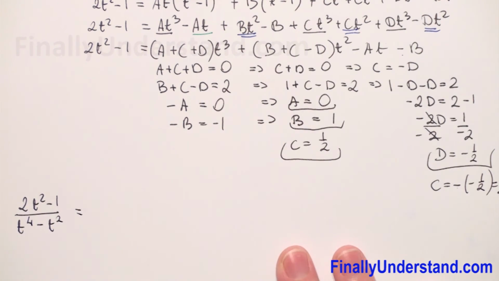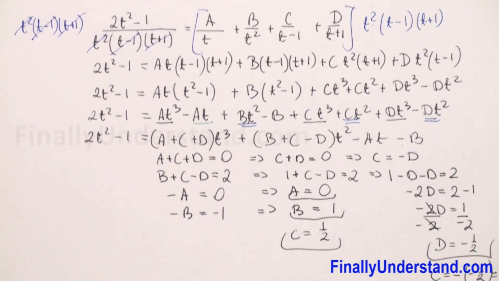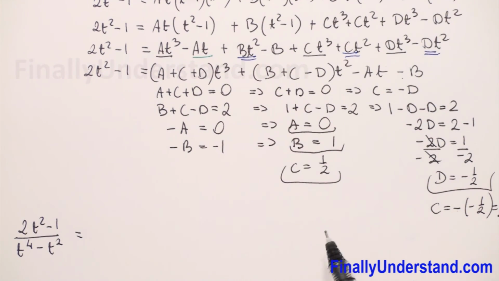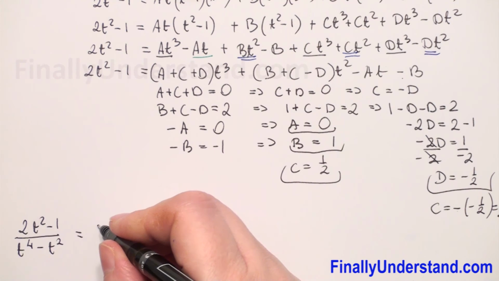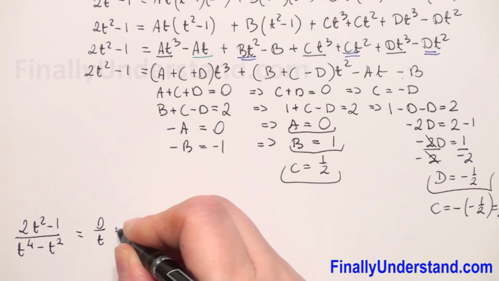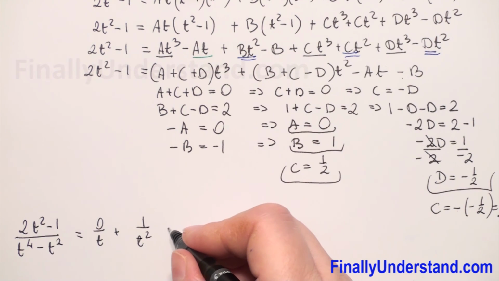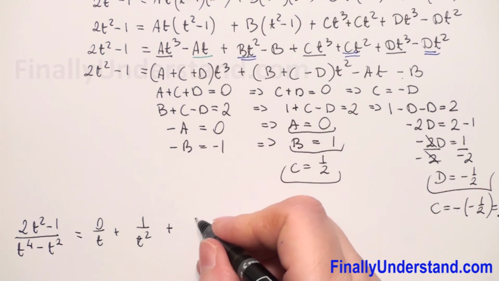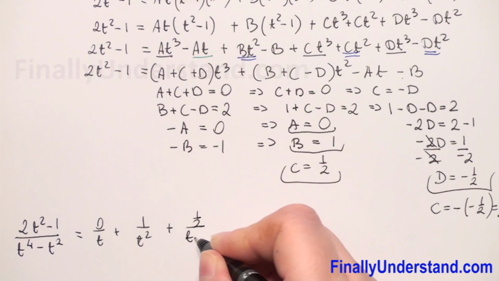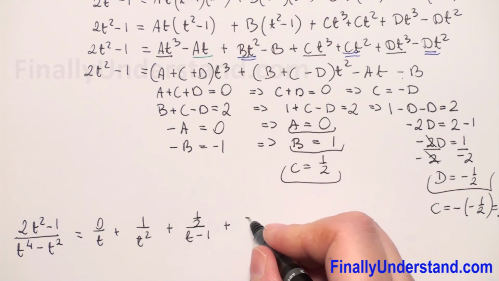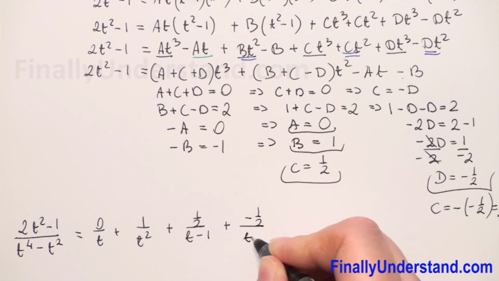This is equal, and now a, we found that this is 0, so we have 0 over t, plus b is equal to 1 over t squared. We have plus c is 1/2 over t minus 1, plus d is negative 1/2 over t plus 1.